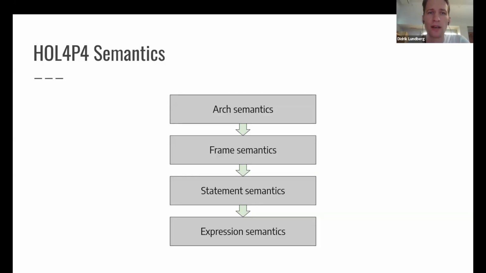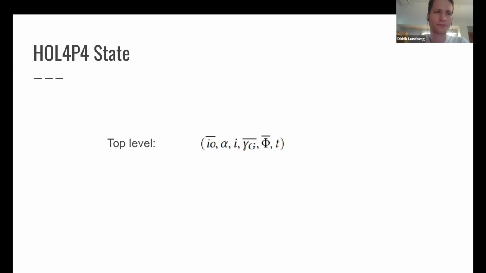And all of these levels are completely agnostic with regard to architectures. There's no specific semantics for some specific architecture, but rather different architectures are implemented in terms of different functions and different parameters in the static environment of the semantics.